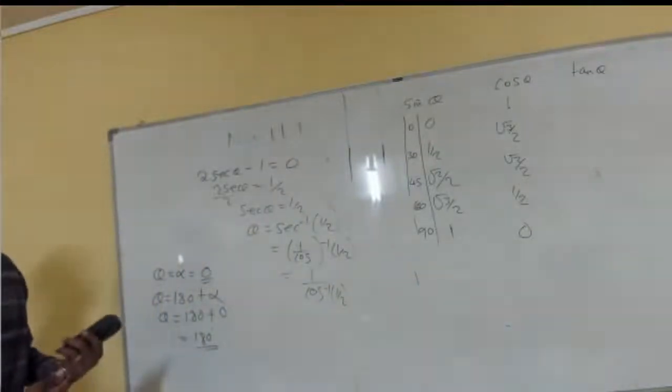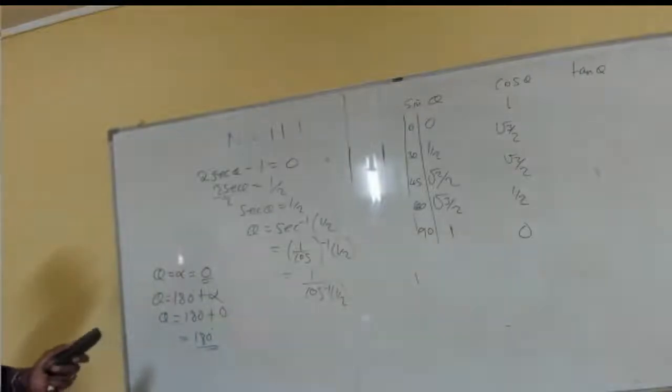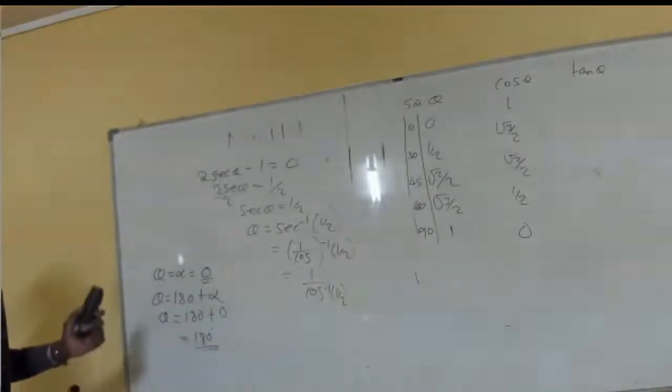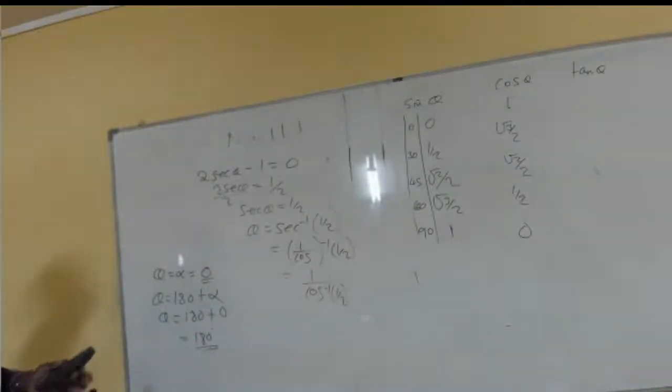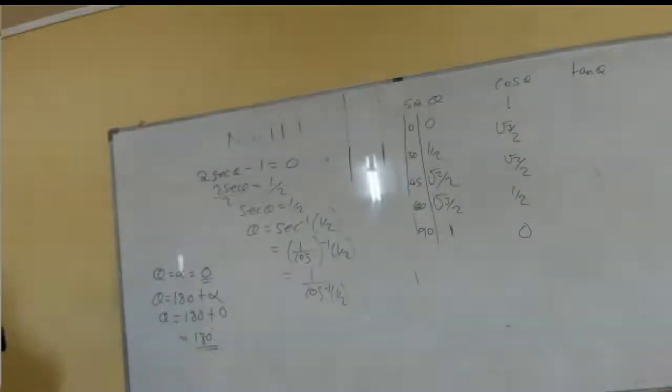So we are looking for cos of 60. And what is cos of 60? Then we can easily relate to what we have. So cos 60, that's the alpha.